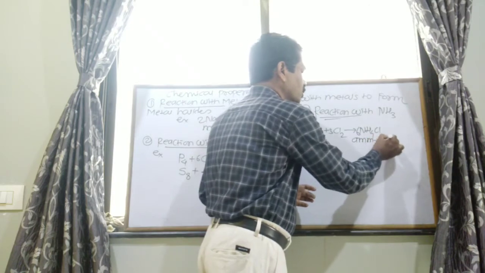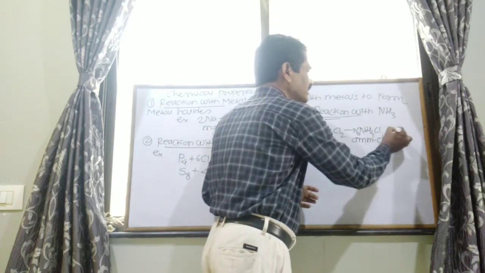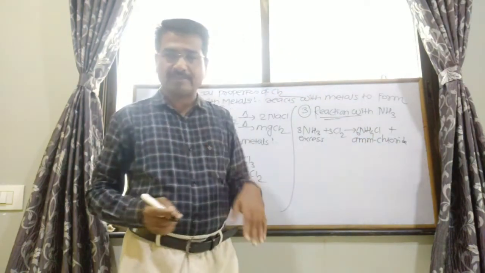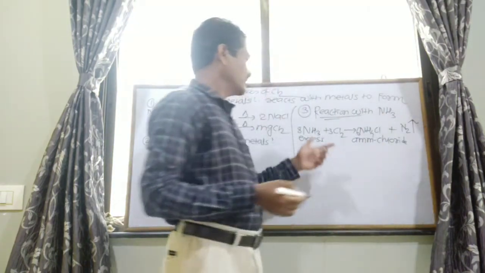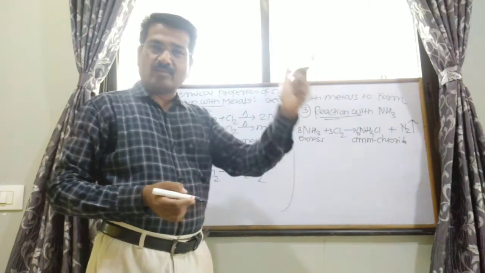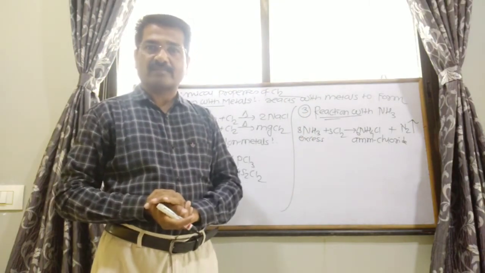Along with ammonium chloride, the byproduct in that reaction is N2 gas, which evolves when ammonia is taken in excess.